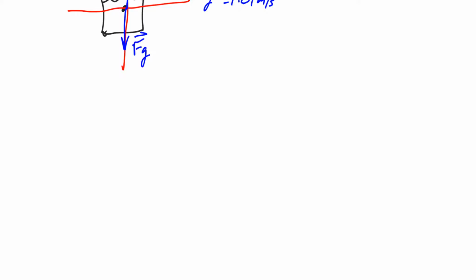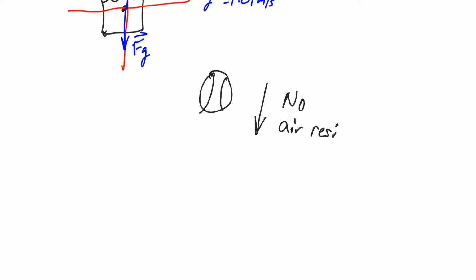Let's say that we've got a ball, and let's say we dropped the ball. And so the ball is falling down, and there is no air resistance. All right, so let's do our free body. The first thing we want to do is make an X and Y axis. I'm going to represent that ball with a little dot.